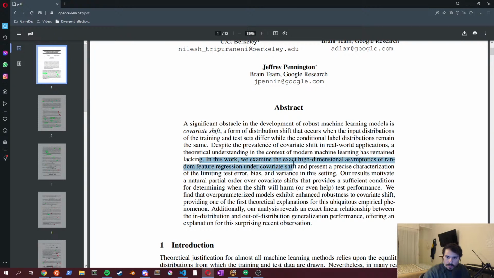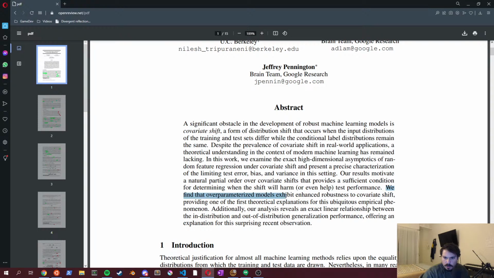In this work, we examine the exact high-dimensional asymptotics of random feature regression under covariate shift and present a precise characterization of the limiting test error, bias, and variance in this setting. Our results motivate a natural partial order over covariate shifts that provide a sufficient condition for determining when the shift will harm or even help test performance.